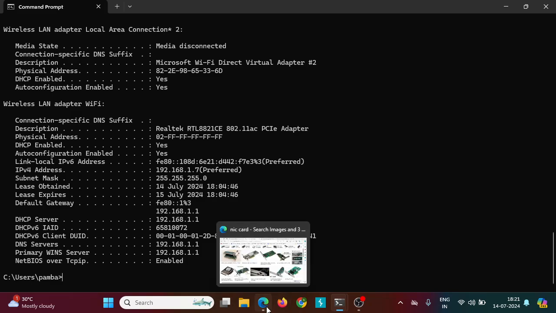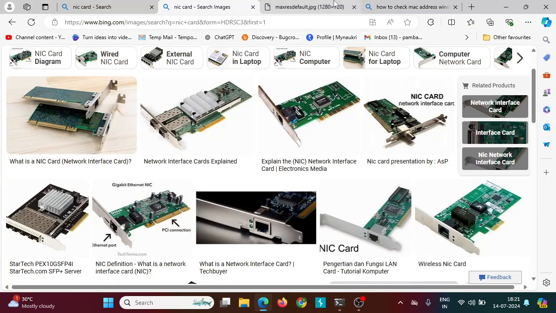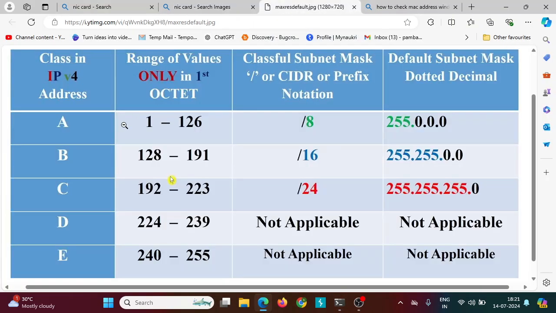When it comes to IP addresses, there is a table you can easily understand. There are classes of IP addresses: class A, B, C, D, E. Class A deals with the range 1 to 126, class B deals with 128 to 191, class C deals with 192 to 223, class D 224 to 239, and class E the remaining 240 to 255.